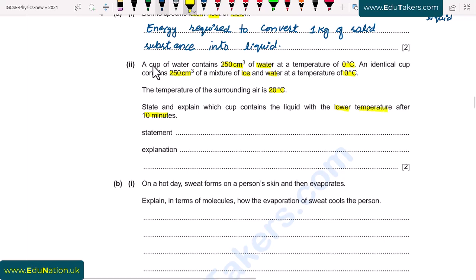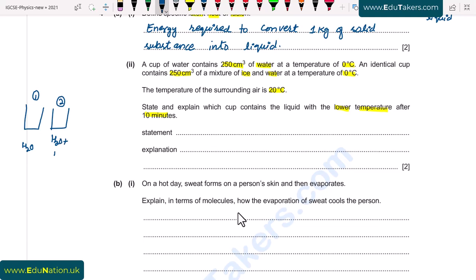So here we have two cups. This is first cup and this is second one. In the first cup we just have water. And in the second cup we have a mixture of water and ice.